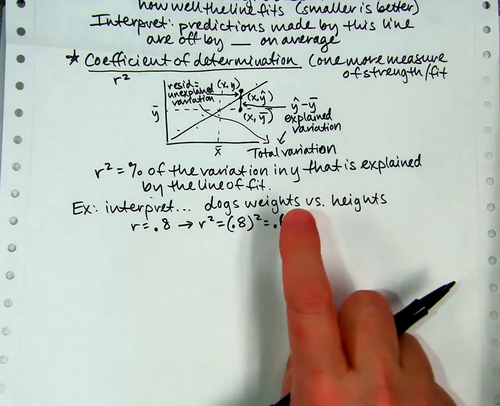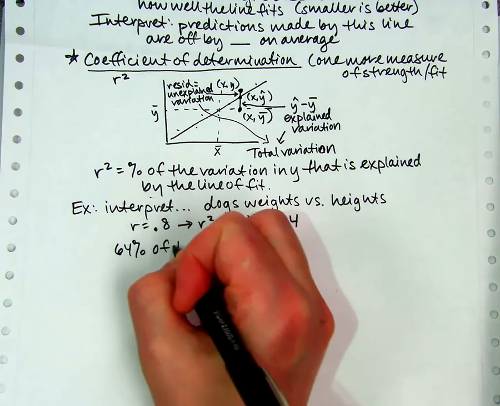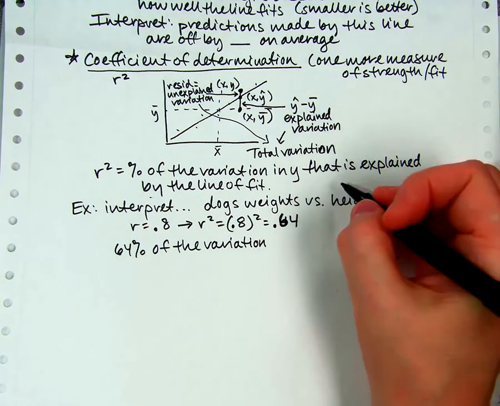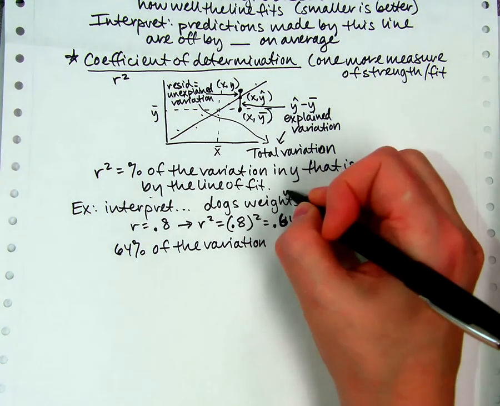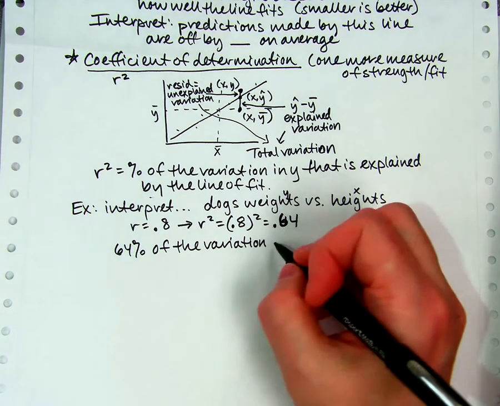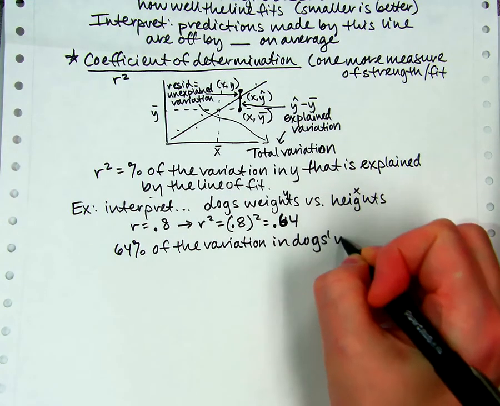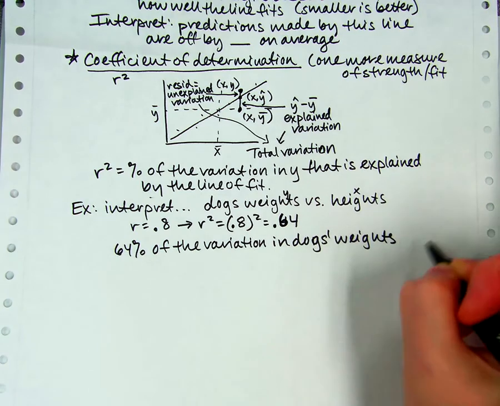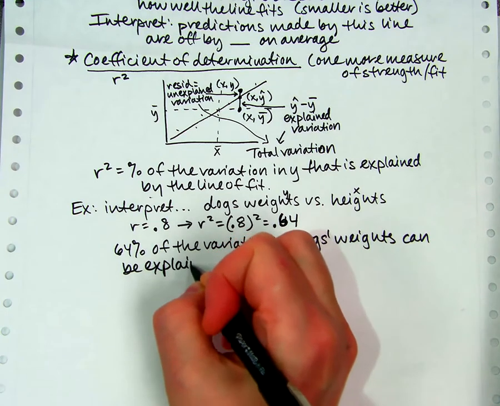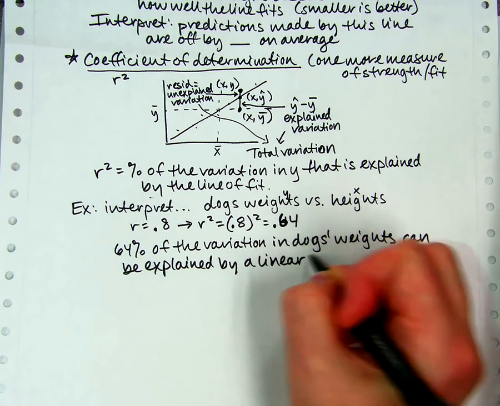But what this 0.64 tells us is that 64% of the variation, actually I should decide which one's X and which one's Y before I go on. So let's say this is X and this is Y. So the variation in weights we're trying to predict based on the height. So 64% of that variation in dogs' weights can be explained by a linear relationship with their height.